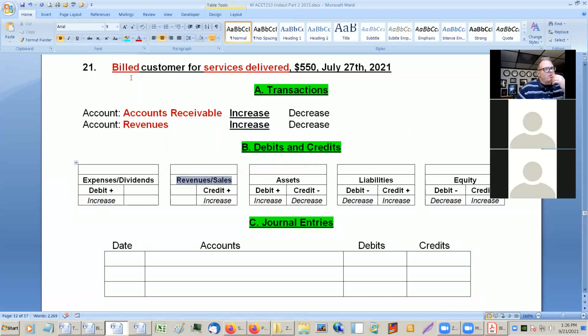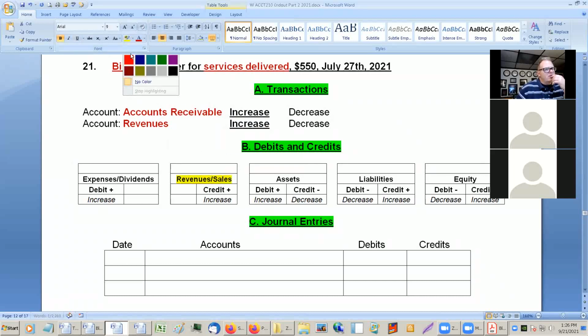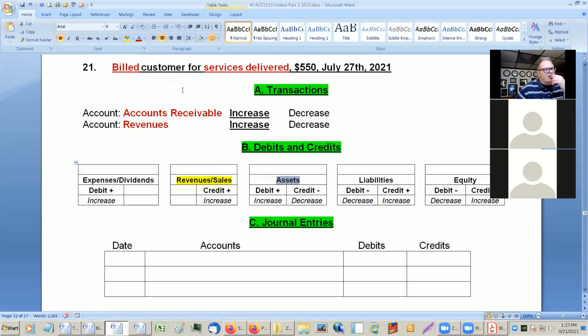So we have these two accounts, the types of accounts. We have an asset, accounts receivable, sorry. And we have revenues.